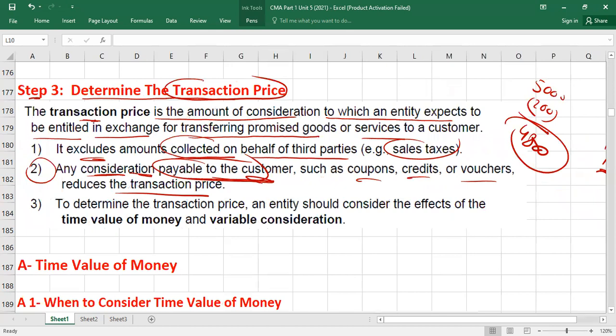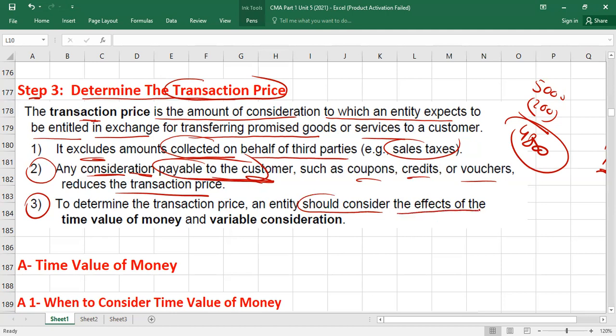Then point number 3 is what? This is important, and here we have some calculation. Please focus with me now. I need your concentration. Small calculations are there. Point number 3, regarding transaction price. To determine the transaction price, the company should consider what?